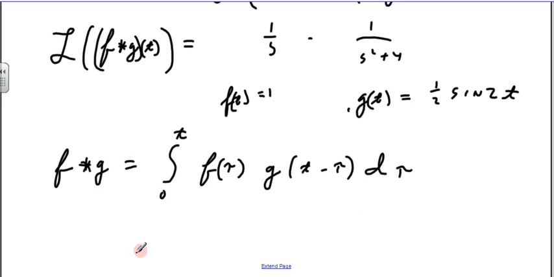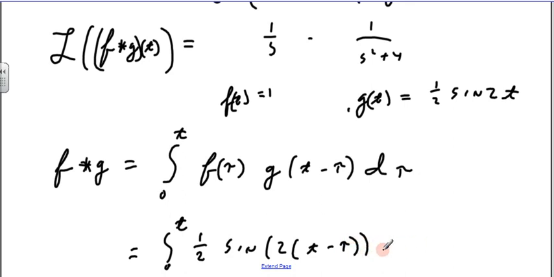So it's going to be integral 0 to t of 1, but then there's a 1/2, so I'm going to put a 1/2 there, sine of 2 times (t minus tau) d tau.